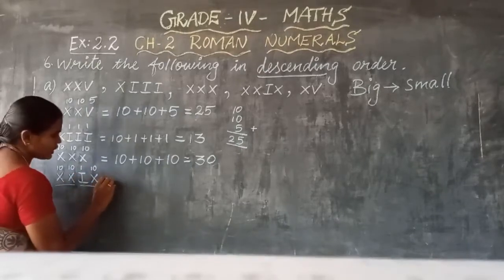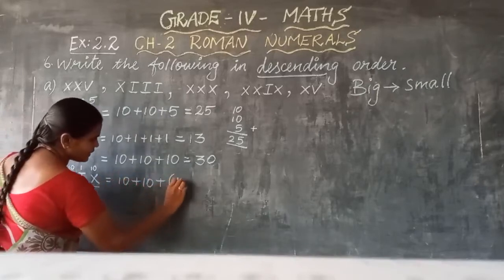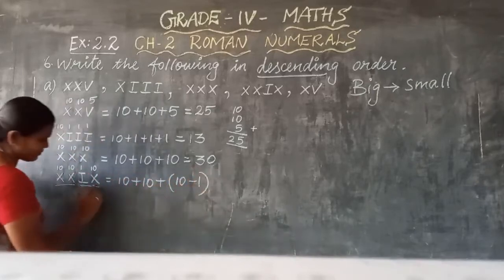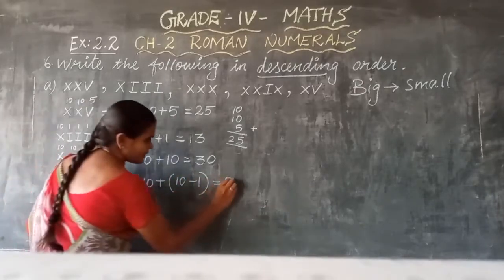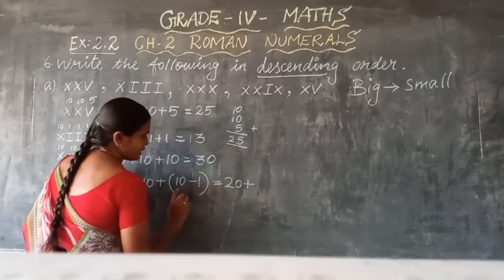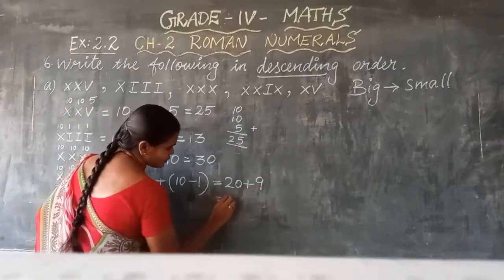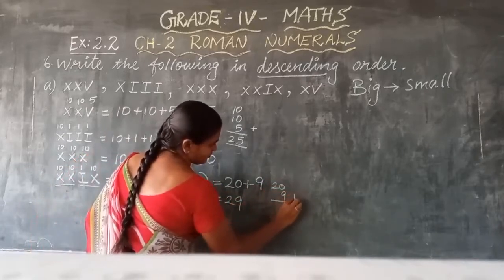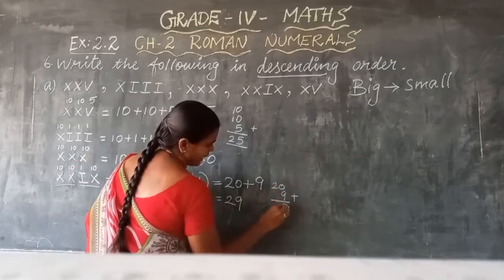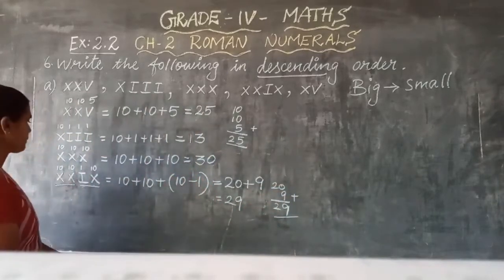So 10 minus 1 equal to 10 plus 10 plus 10 minus 1. Here subtraction equal to 10 plus 10, 20. 10 minus 1, 9. So 20 plus 9, 29.